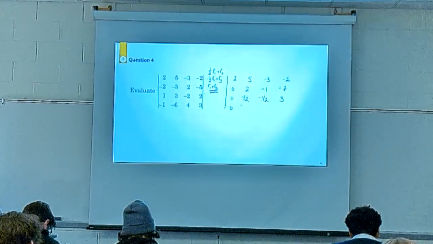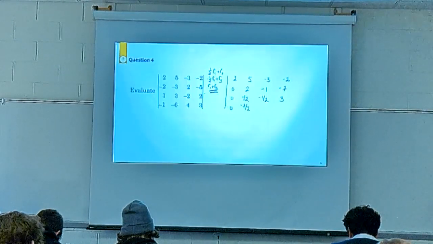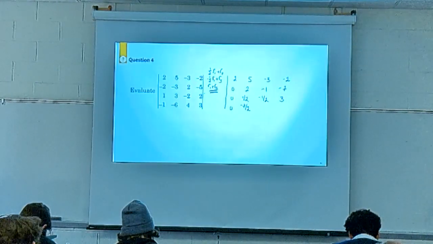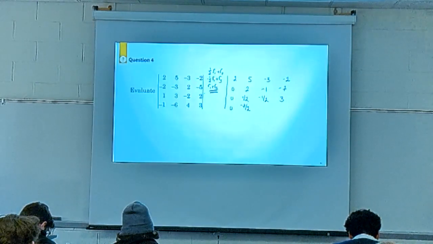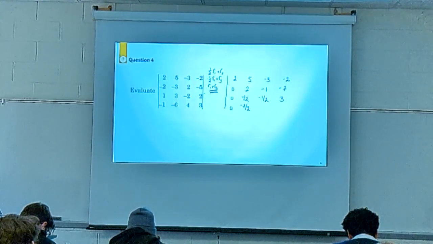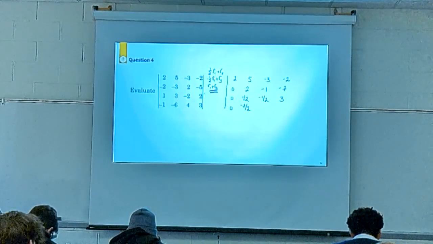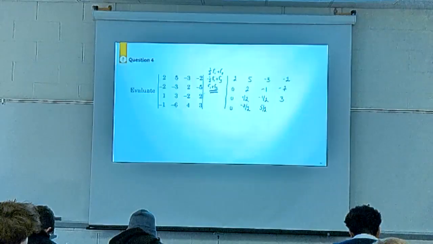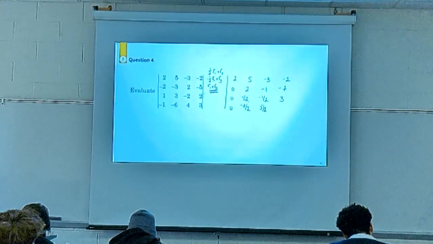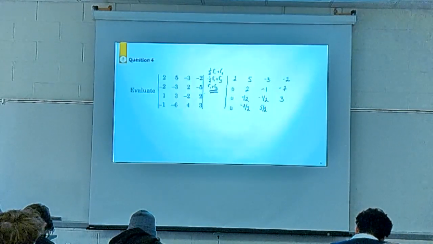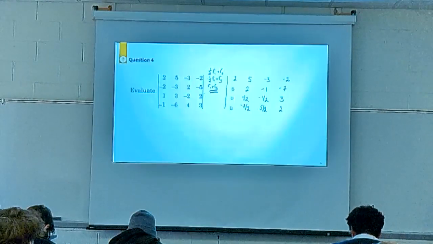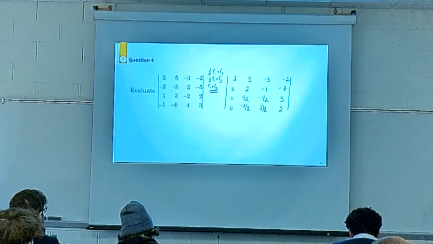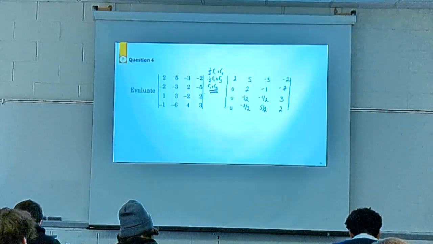Negative 7 halves. Negative 3 halves plus 4. 5. And then negative 1 plus 3. It was a type 3 operation, so no changes.